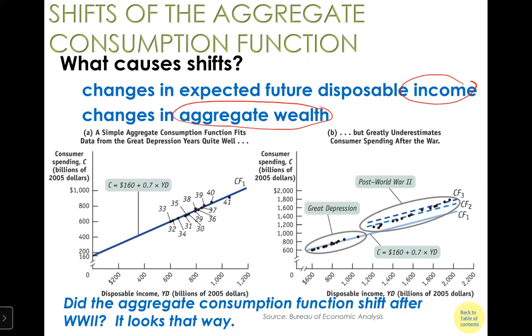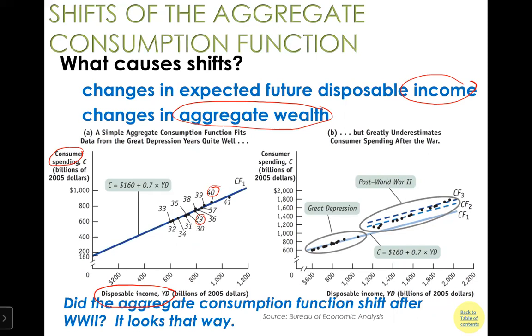On the left-hand side, we look at 1929 to 1940. Each dot represents the aggregate observation in terms of disposable income and consumer spending. Just to remind you, those are aggregate numbers.